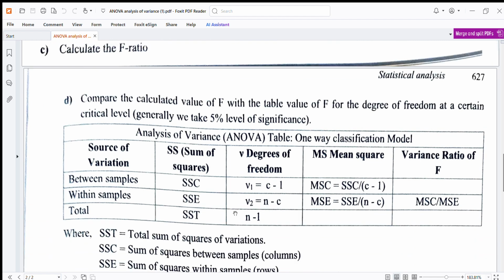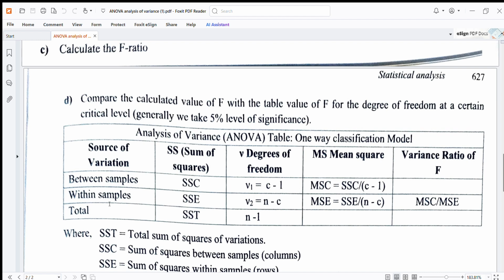Analysis of variance, ANOVA table, one-way classification model. Source of variation, SS sum of squares, V degrees of freedom, MS mean square, and variance ratio F. Between samples: SSC, degrees of freedom V1 equals C minus 1, mean square MSC equals SSC upon C minus 1.